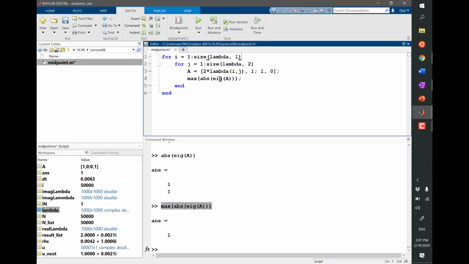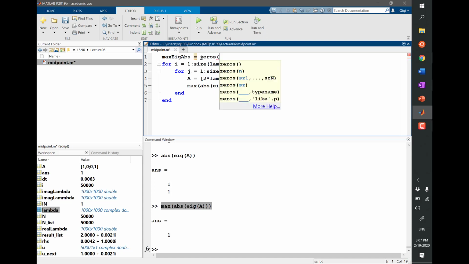I'm going to store this in a new array called max_eig_abs. Let's say this is zeros. Let me say lambda times 0, so that it has the same size as lambda but all zeros, and make sure it's a real array instead of a complex array.